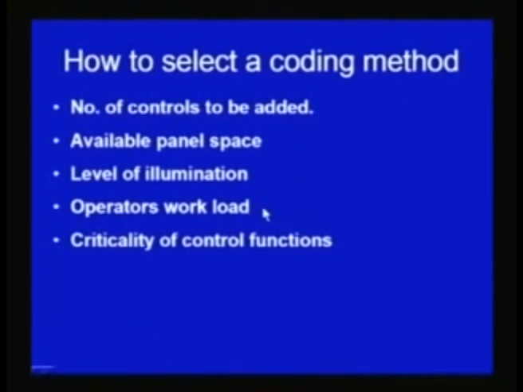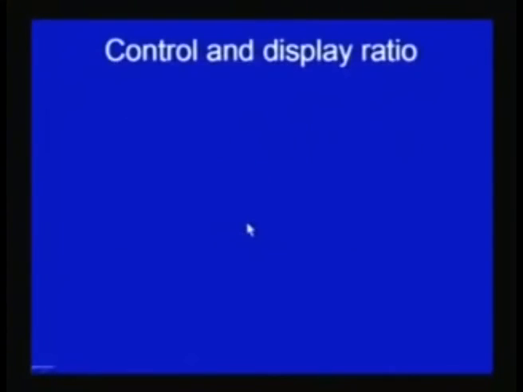So, these points are kept in mind while selecting the coding method. The criticality of the control function is also kept in mind, like any error in the operation of the control function can lead to accidents or severe economic losses also. So, these points are kept in mind while selecting the proper coding method.